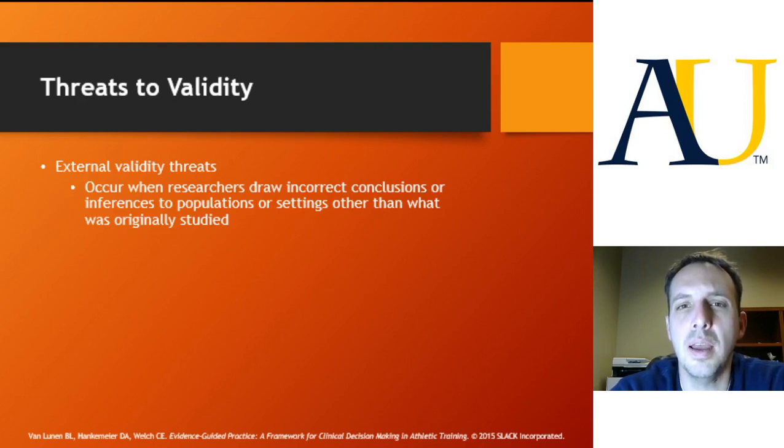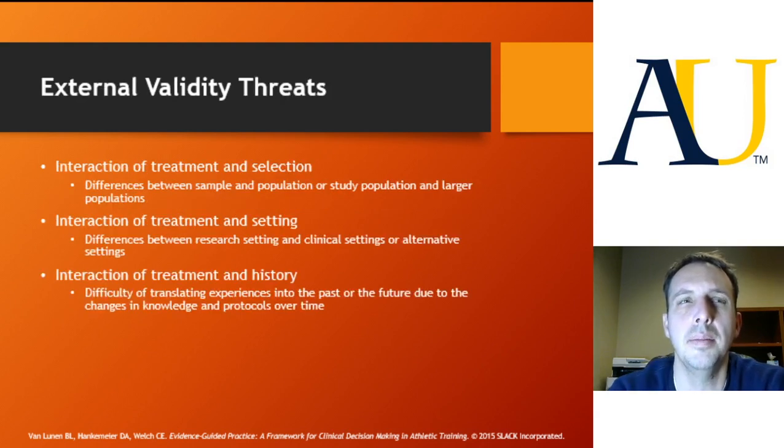So the threats to external validity will all focus around inappropriate conclusions based on differences between the study that was conducted, as well as then the different populations that might be affected with that. And so these differences can come in a variety of different ways, but the three major ones that are worth discussing are the interactions between the treatment and selection, setting, or history.